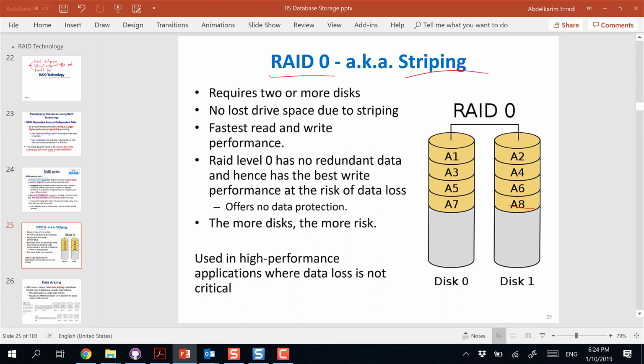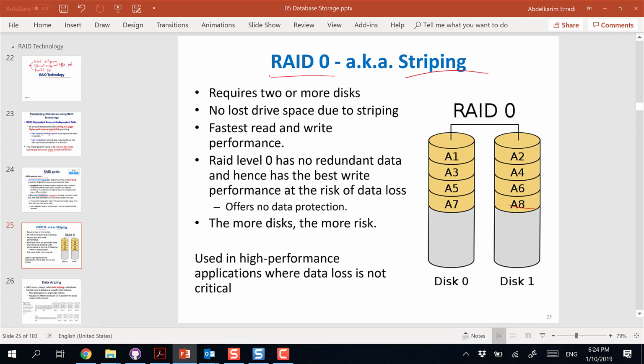So let's say I'm inserting so many records in a particular table, and this generates many blocks that I need to create. So I can do this in parallel. Half of the data will be written in one disk and the other half in another disk. And this read and write is much, much faster, because I have 2 disks with 2 heads, basically 2 disks working together as one.